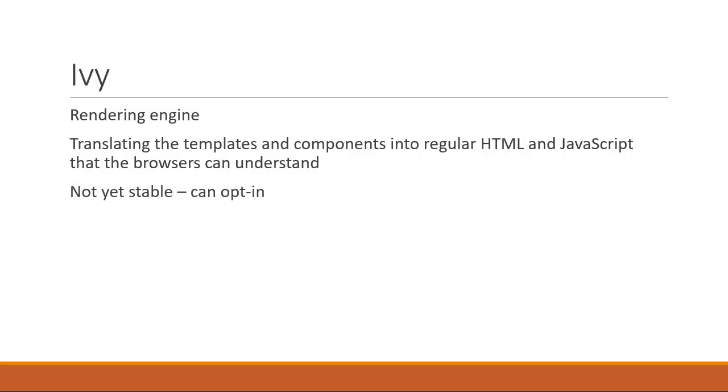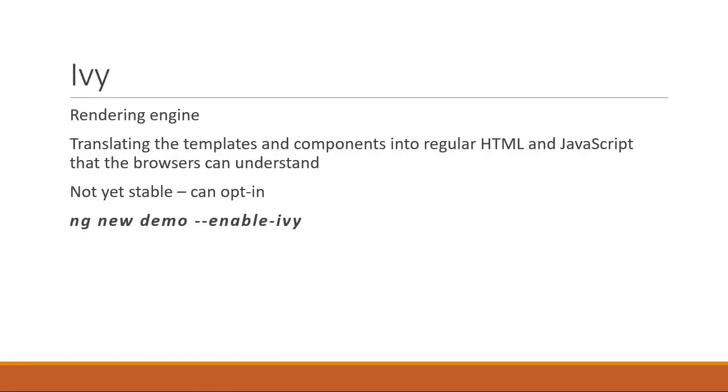Currently, the focus is to ensure nothing breaks in the existing applications. Probably with version 9, it might be the default engine, but Angular 8 does offer a switch to opt in to Ivy. When generating a new application using the CLI, you can add the enable Ivy flag.